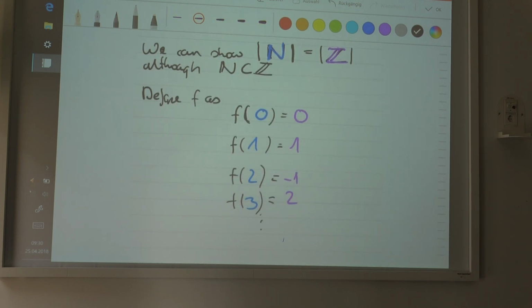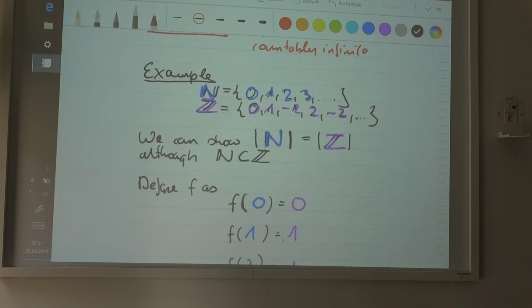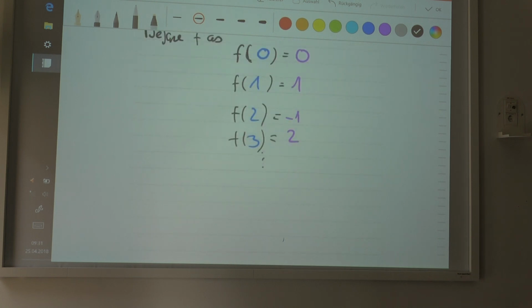So we define this function implicitly. Now, this function is bijective, because two different arguments always have two different images. That's clear: if the arguments are different, the images are also different. And there is at least one pre-image for every element of the set of integers. You can always find a pre-image to which this element is assigned. So f is obviously bijective.